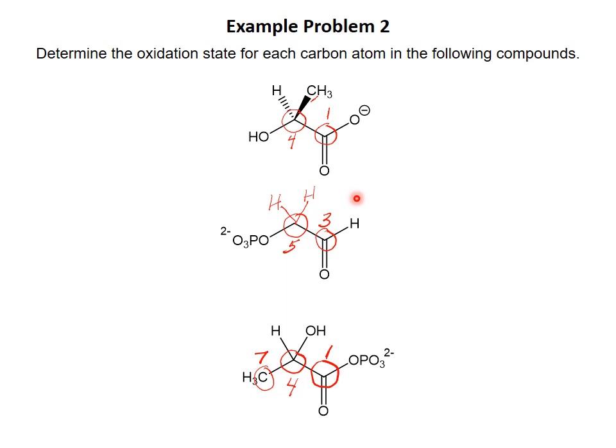I'm introducing it at this point in the class, but it will be used quite a bit when we go through metabolic pathways later in the course. So make sure you understand how to determine oxidation states of carbon atoms in metabolic compounds, such as those shown here. There are more problems for you to try in the posted problem sets.